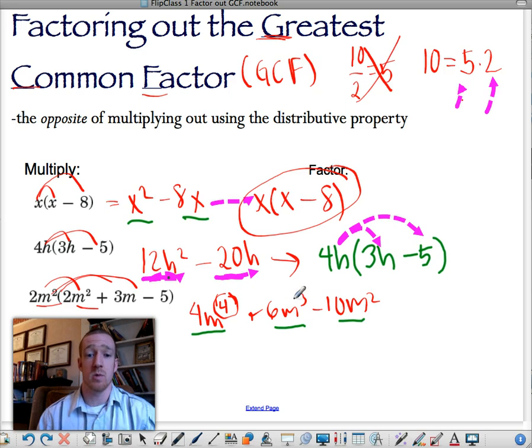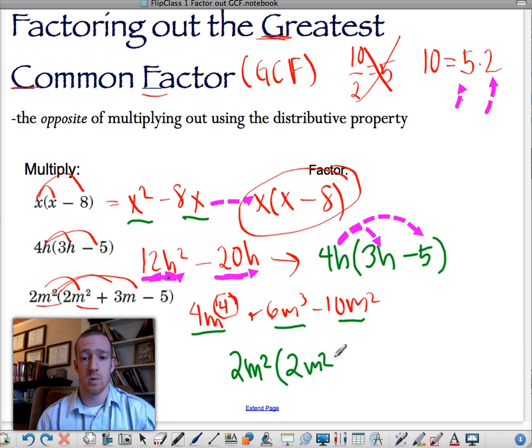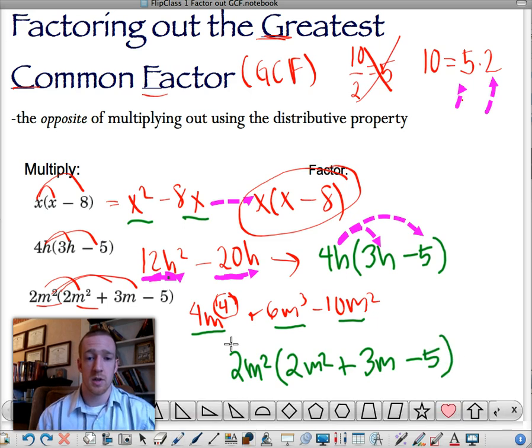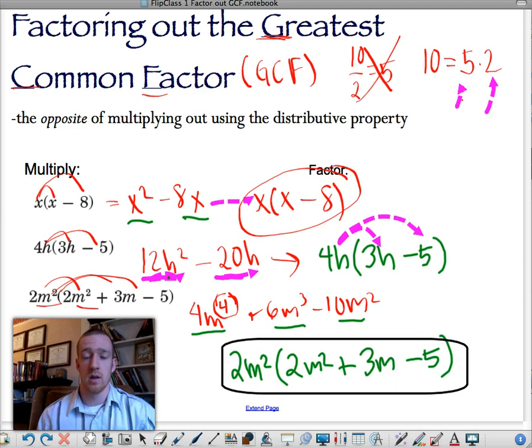I can actually divide an m squared evenly out of all three of them. And then I can also divide a 2. They're all even numbers, so I can at least get a 2 out. So the factored form is 2m squared undistributed, and that leaves me with 2m squared plus 3m minus 5. That's my factored form. So this is the type of result we're looking for right here.